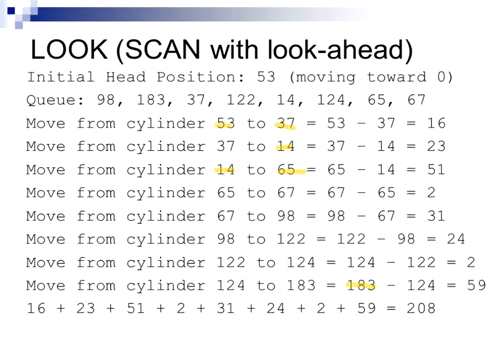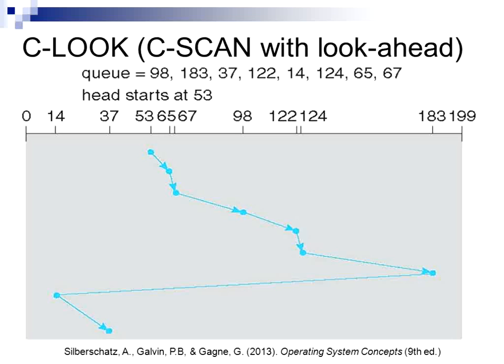And again, you're just going to do the calculations, and you can see here I came up with a number of 208. So it was actually better than my scan algorithm because I'm not doing those little extras at the ends of the platters if I don't need to.